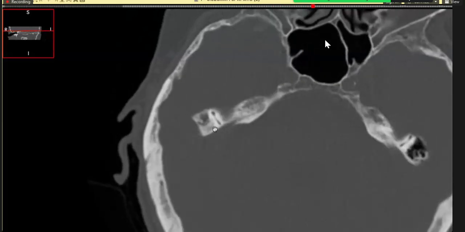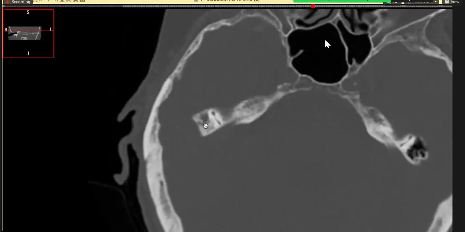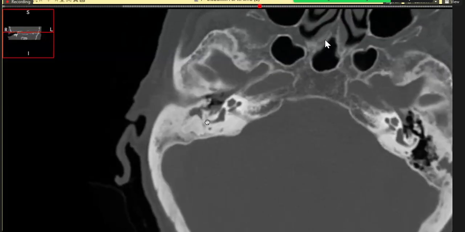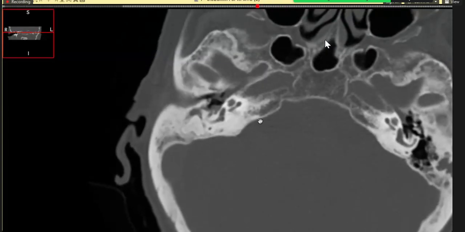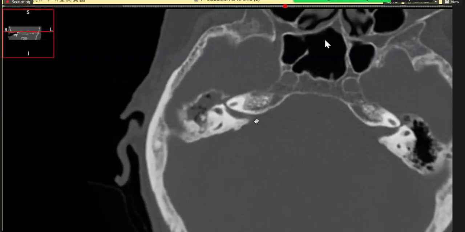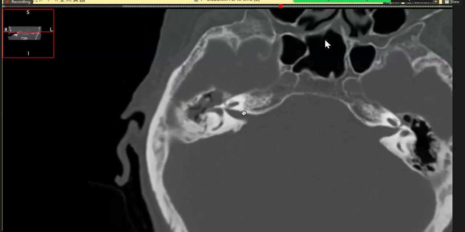And with that, if I go superiorly, this is the superior semicircular canal, and there is suspicion that there might be some dehiscence here. So on this axial, let's go to our good old facial nerve canal. You can see that this is the cochlea. I go superiorly.